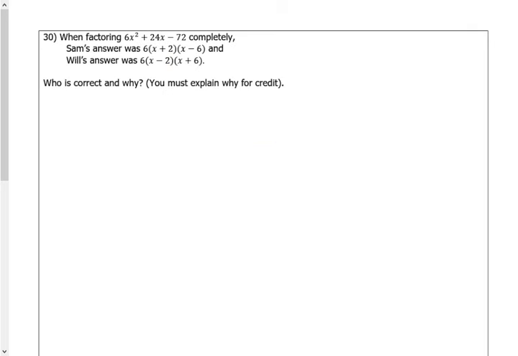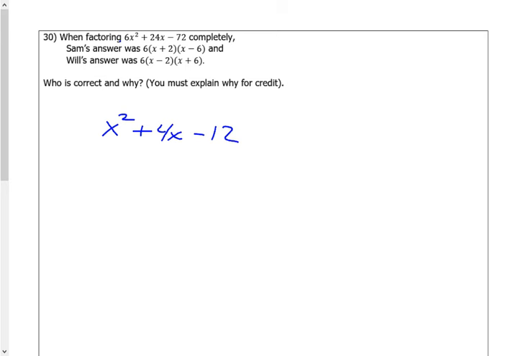And last, again, now we're going to look at this guy's factoring. Let's see. Looks like they both got a 6 out of there. So when I factor this, it would become x squared plus 4x minus 12. And then we just have to decide which one has their signs right.